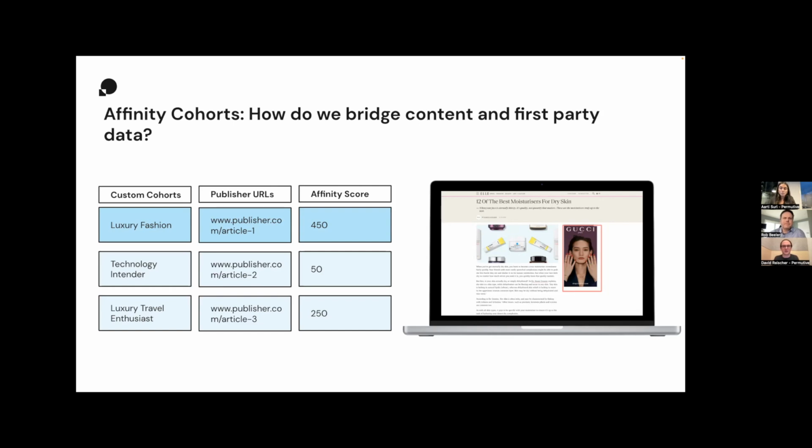That means users in those audiences are more likely to engage with this particular piece of content compared to the site average. And that's now information tied to this page that luxury fashion and luxury travel users over-index here. It's information that publishers can use to make targeting decisions purely based on the information available for the page.